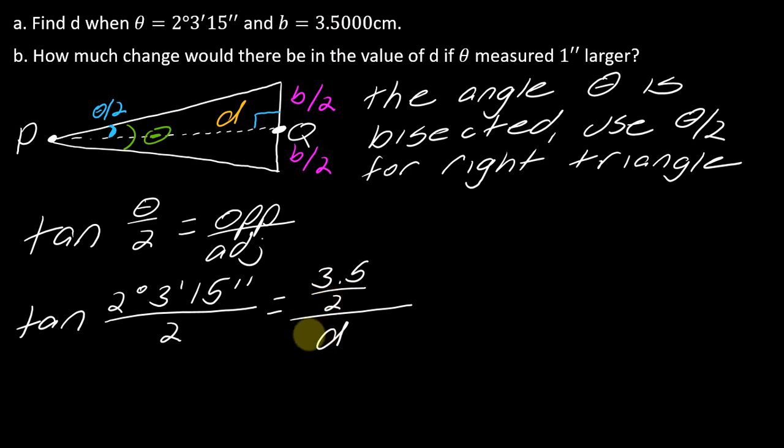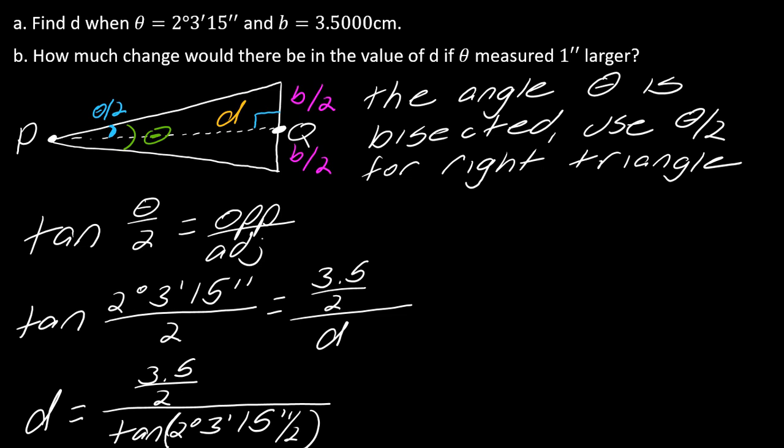I'd recommend leaving everything in these weird fractional forms until the last minute when you're ready to calculate. So let's solve for d. It's really just rearranging. d is going to equal 3.5 over 2 divided by the tangent of theta divided by 2. This is what I want to plug into my calculator.